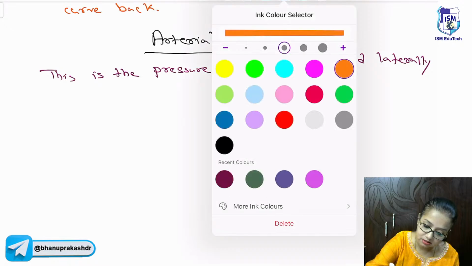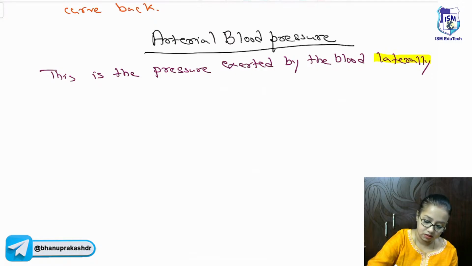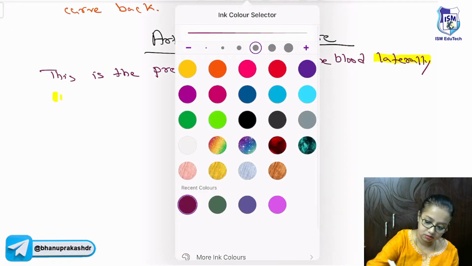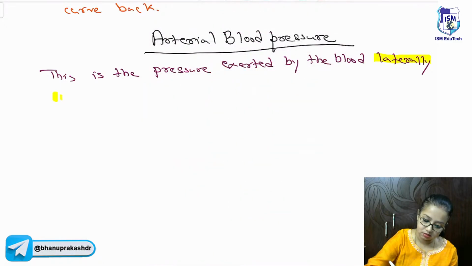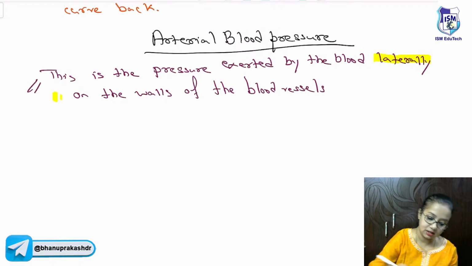It exerts laterally on the walls of the blood vessel. This is what the arterial blood pressure is.